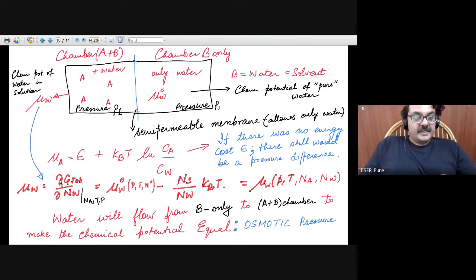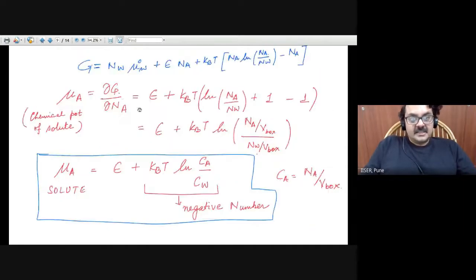So that would be del G by del N_W, where W for water would be del G by del N, the number of solvent particles, water particles. And again you take this expression, but now take the derivative with respect to N_W.